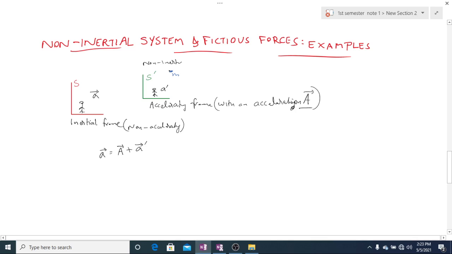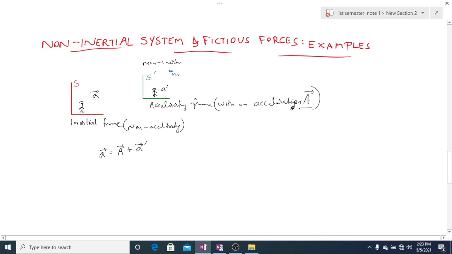That is, the acceleration measured by the observer in the non-accelerating frame is equal to the sum of the acceleration of the S prime coordinate system plus the acceleration measured by an observer in the S prime coordinate system.